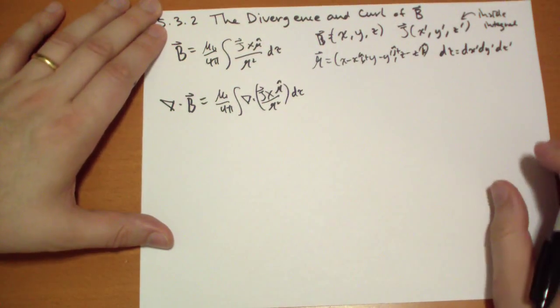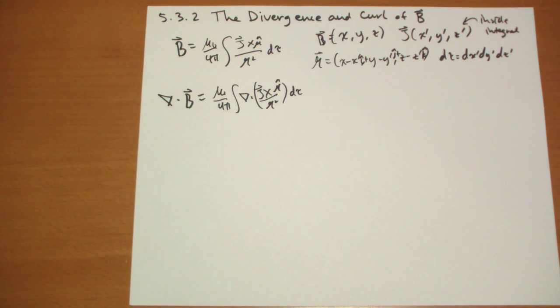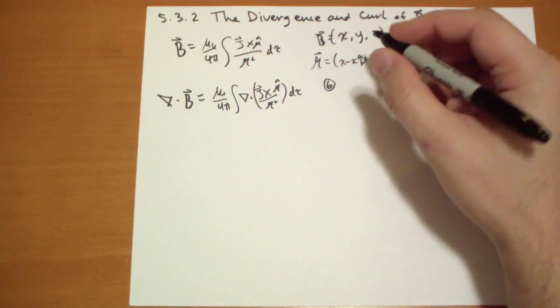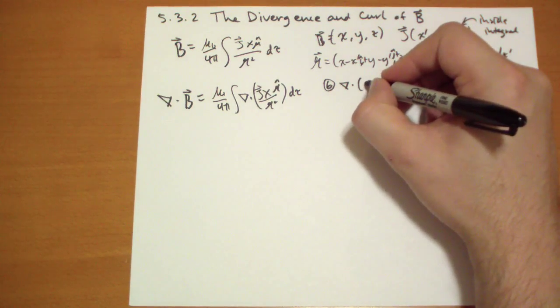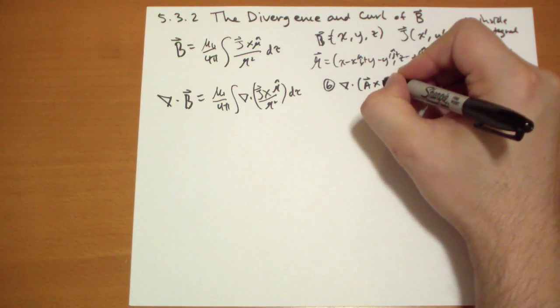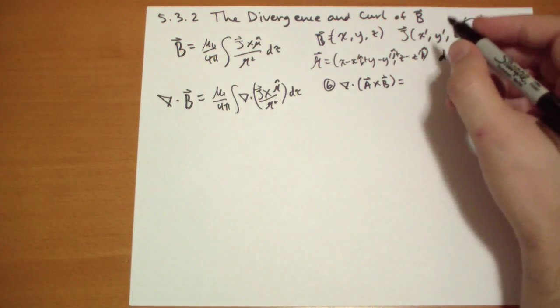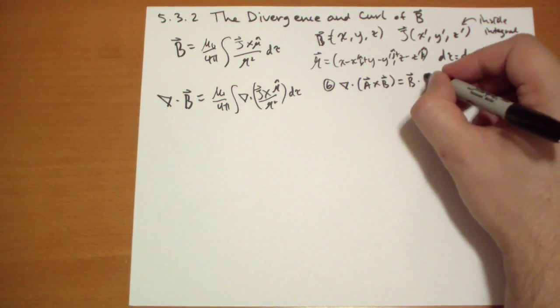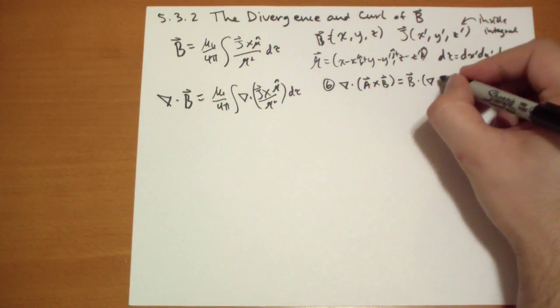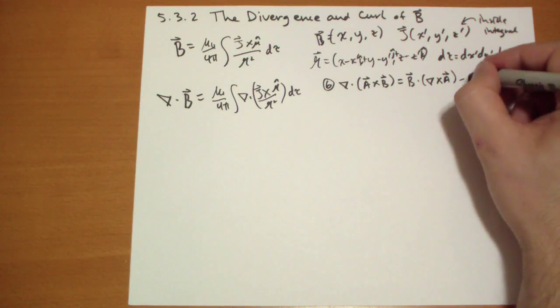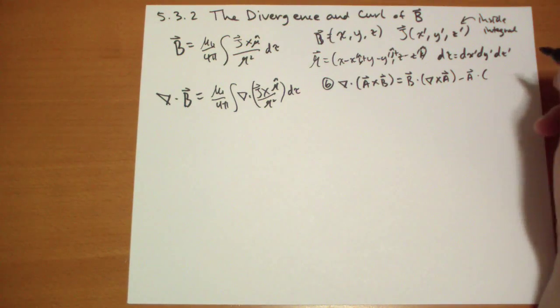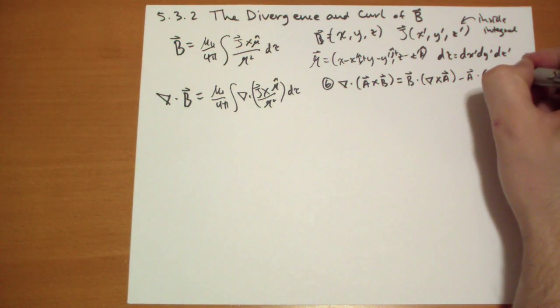So we're going to use product rule number 6 inside the back cover of your book. Turn to that. Product rule number 6 states that the divergence of a vector cross another vector is equal to the second vector dotted with the curl of the first vector, minus the first vector dotted with the curl of the second vector.